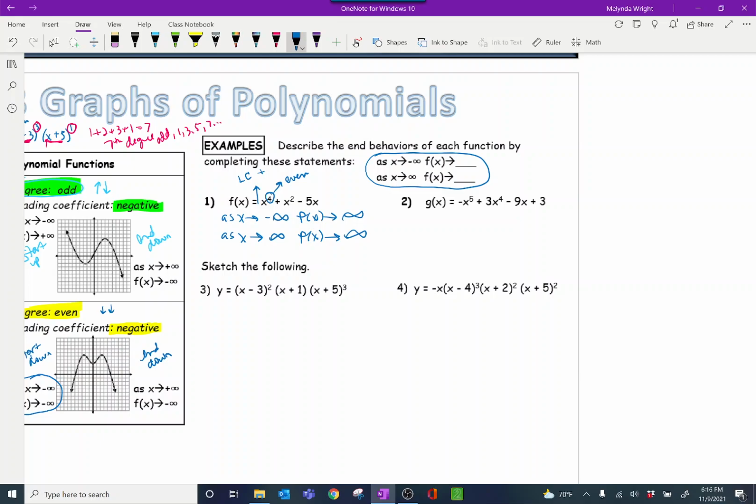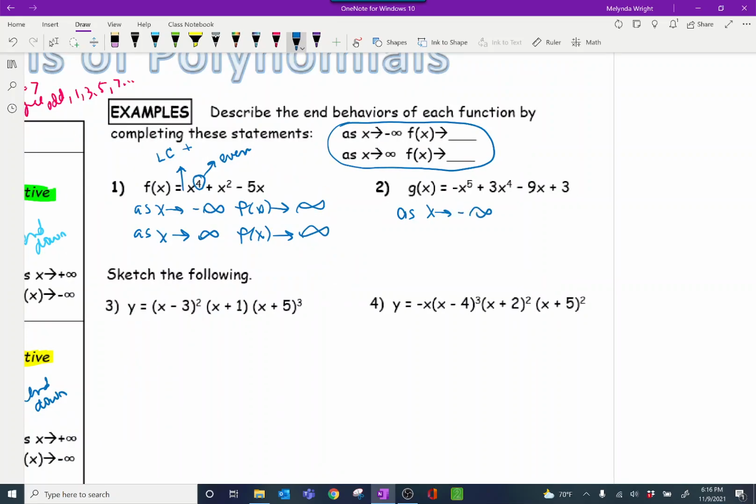Okay, let's do the next one. So again, this is just a template. As x goes to negative infinity, f of x or y goes somewhere. As x goes to positive infinity, f of x goes somewhere. Now let's investigate this one. This is the 5th degree, so this is odd.